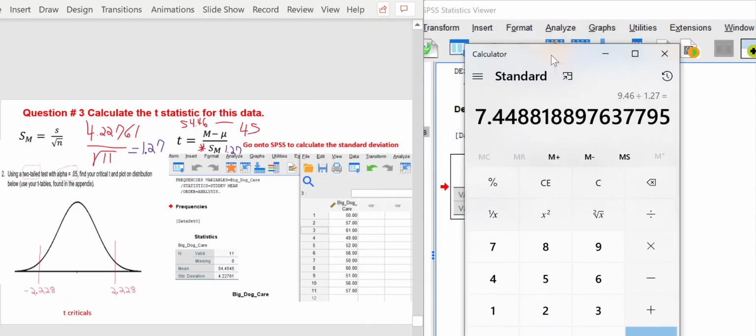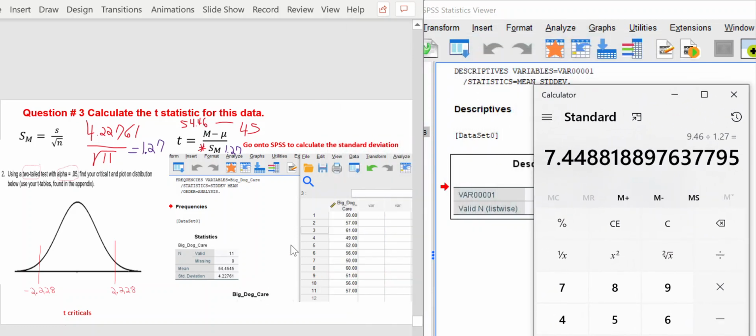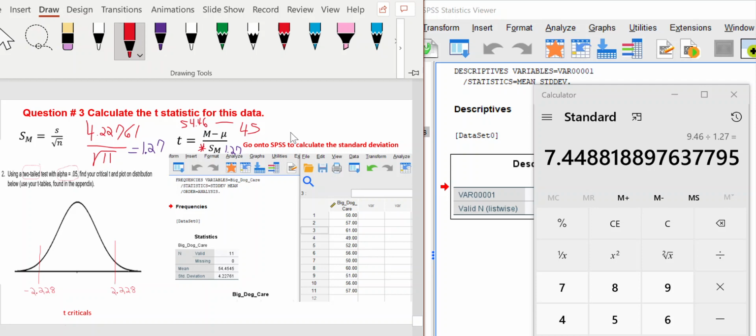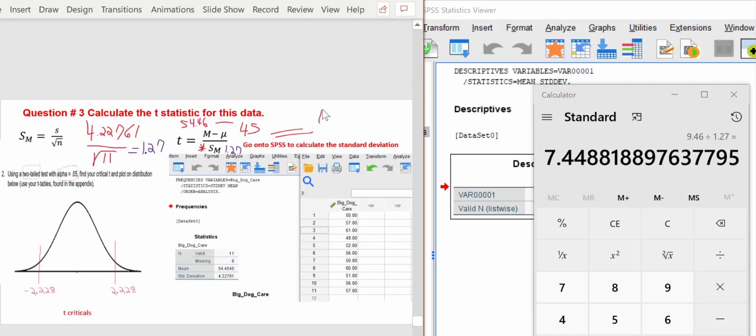What does that tell us? I'm just going to write a big equal sign here and 7.45 to round up. It's going to be way over here somewhere.